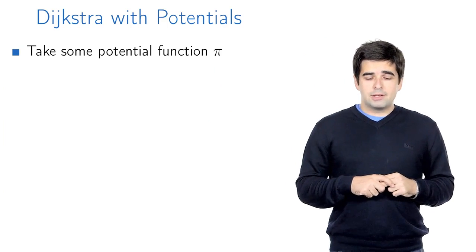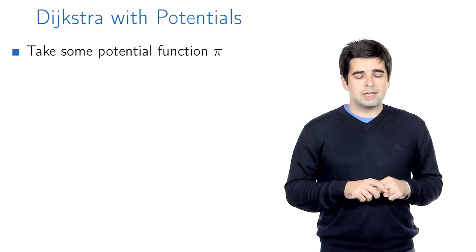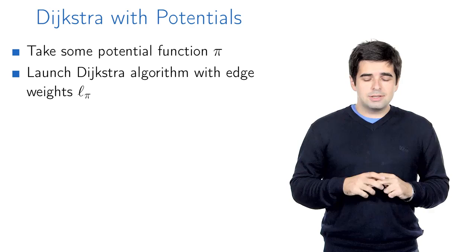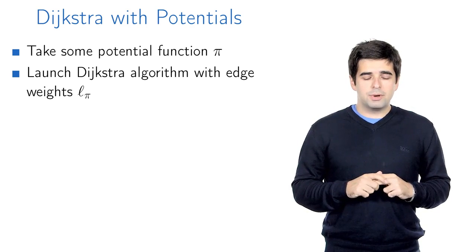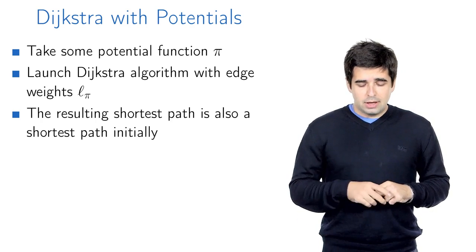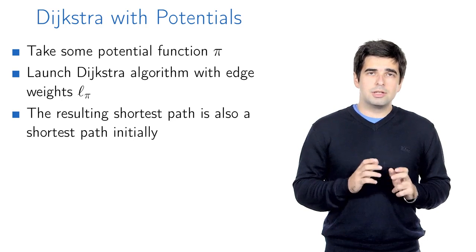Now we can formulate an algorithm which can be called Dijkstra with potentials. So we take some potential function pi and we'll launch the Dijkstra algorithm with new edge weights L pi instead of the initial edge weights L. And the resulting shortest path is also a shortest path in the initial graph.